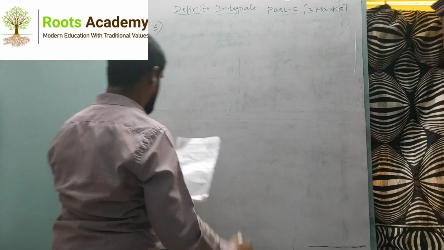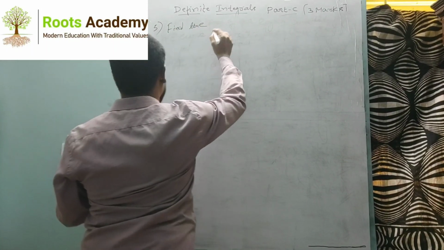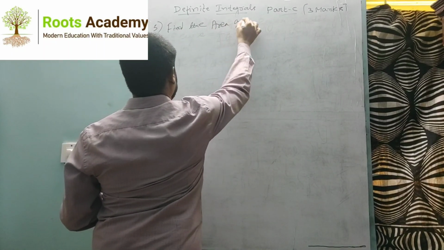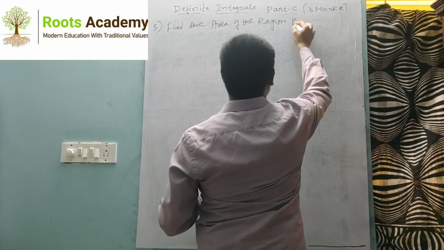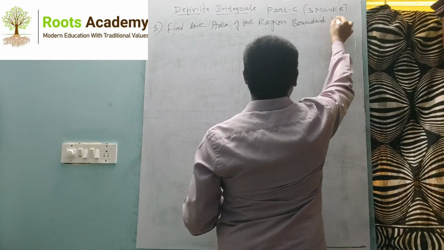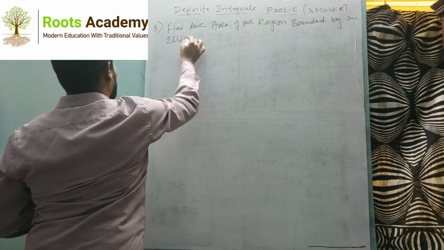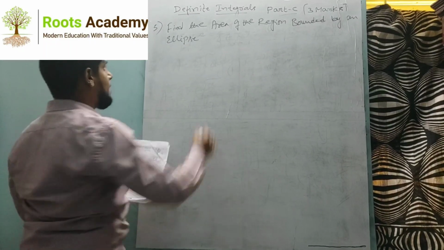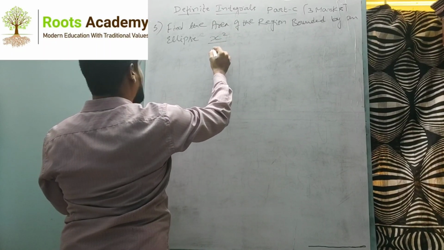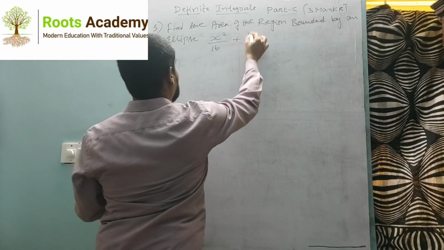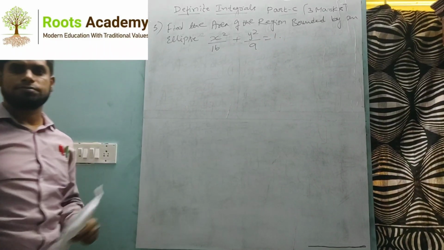Fifth one. Find the area of the region bounded by an ellipse x square divided by 16 plus y square divided by 9 is equal to 1.